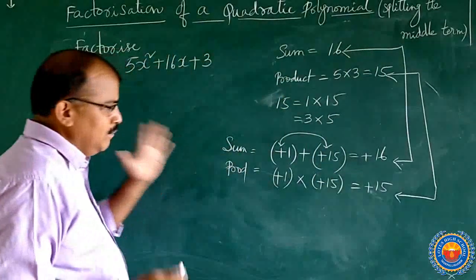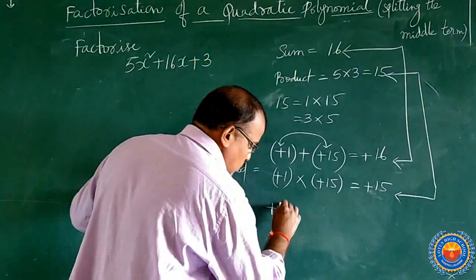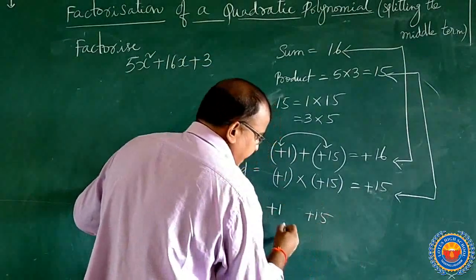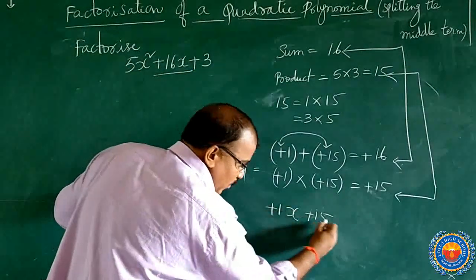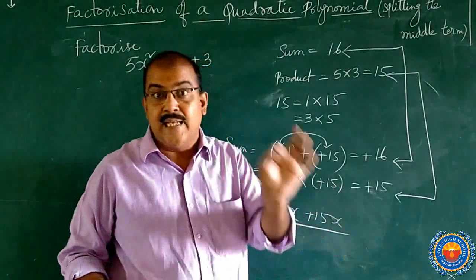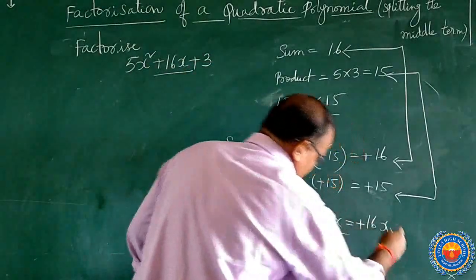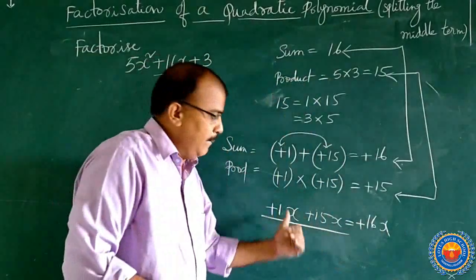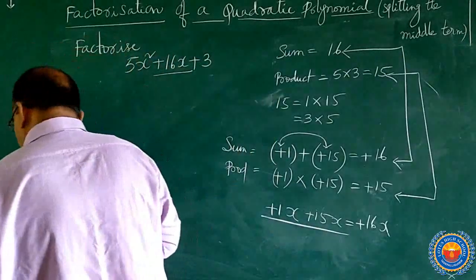Okay. Now, yes, not maybe, 100%, my numbers are plus 1 and plus 15. So I can take splitting the middle term: the 16x I can write as plus 1x plus 15x. If I add plus 1x plus 15x, I will get plus 16x. So instead of plus 16x, I am writing plus 1x plus 15x.